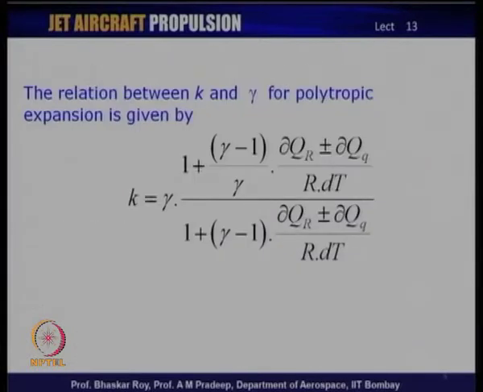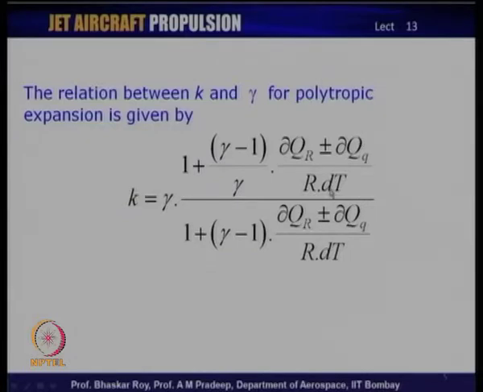So, the relation between K and gamma for a polytropic process is given more rigorously, assuming that K 1 is equal to K 2 and we have one value of K, and that is given in terms of gamma, the heat transfer that is taking place. This could be the internal heat transfer, this could be the external heat transfer coming in or going out.